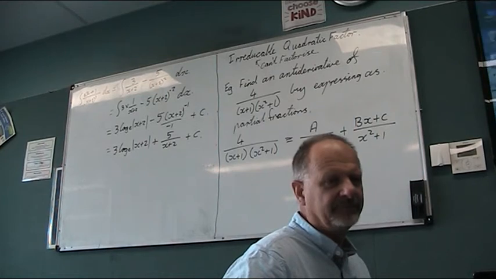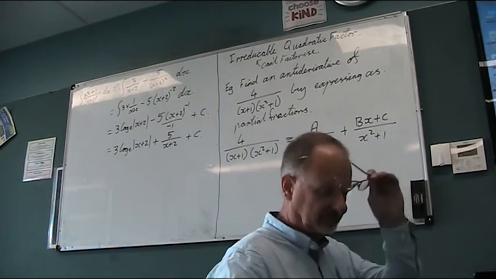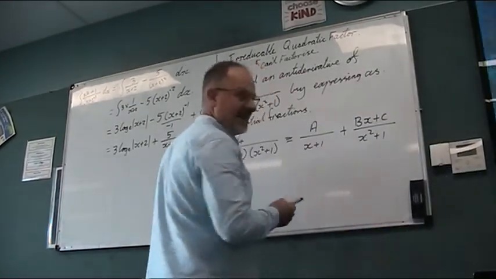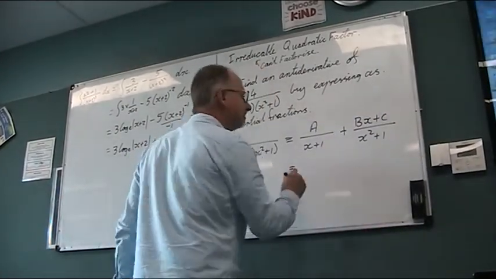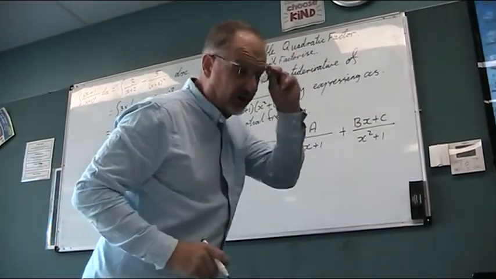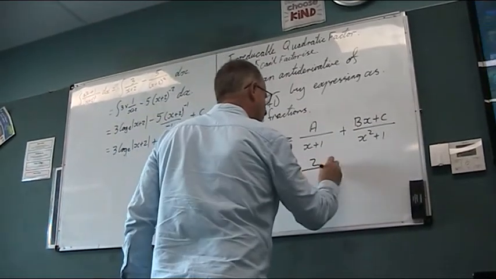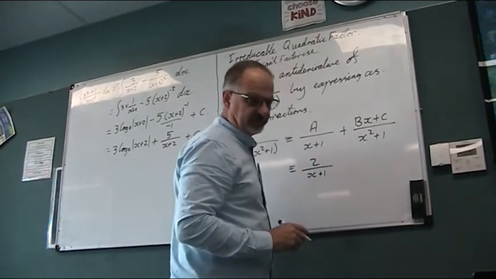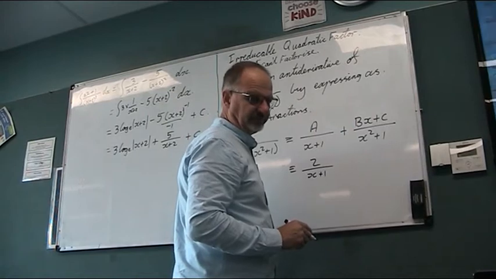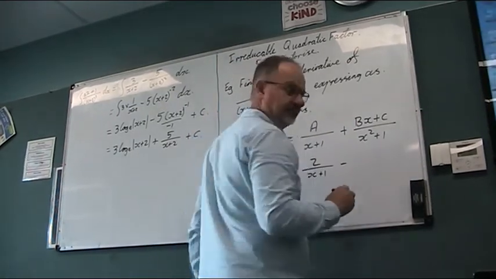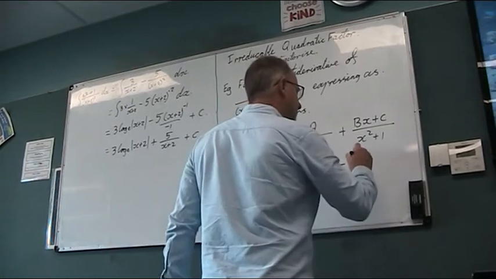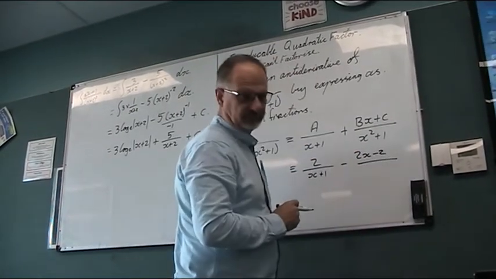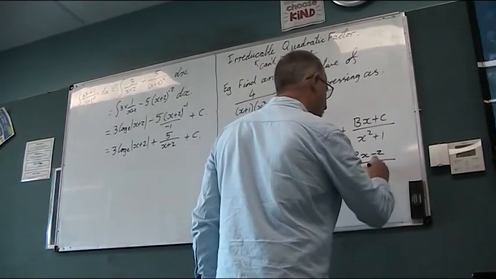And there it is. So, according to our calculator, that is 2 over x plus 1 minus 2x minus 2 over x squared plus 1.